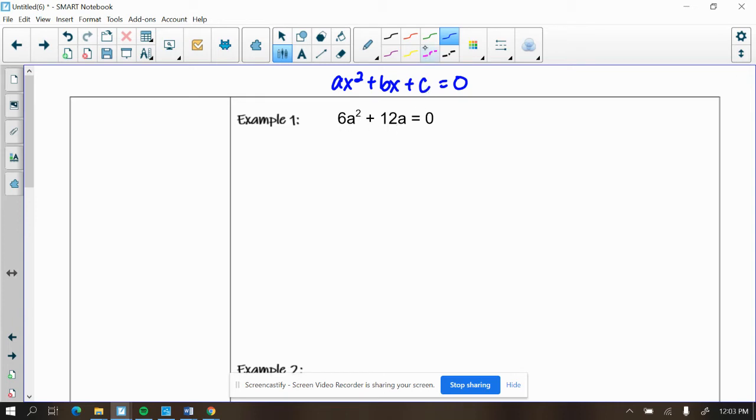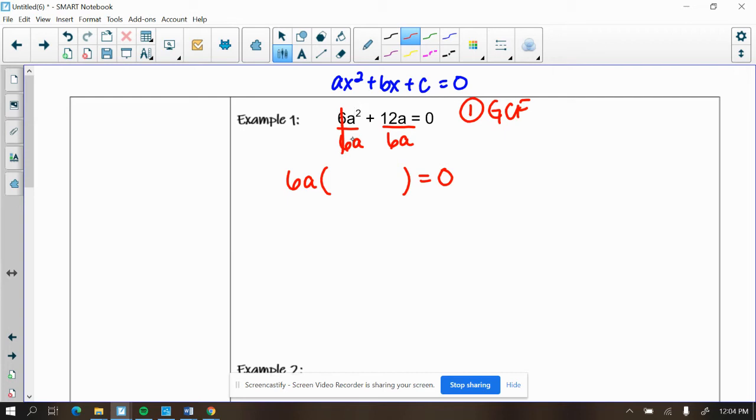When it's 2 terms like this, the first thing we want to do is take out a GCF. So what can I divide both of these numbers by, 6 and 12? I can divide them both by 6, and they also both have an a, so that goes outside of my parentheses. When we factor using a GCF, we put that outside, and then we divide it out. So 6 divided by 6 goes away.